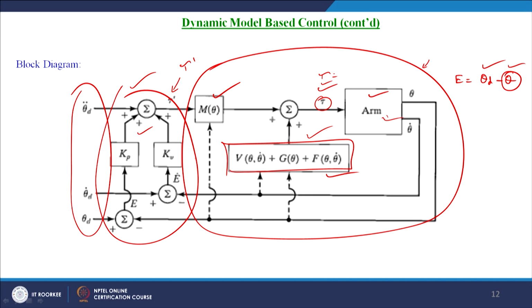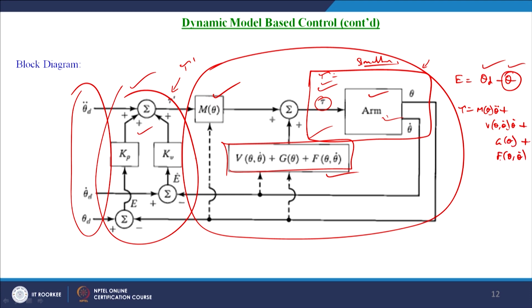That is done by this portion, where the simulation is happening, which is giving the joint torque to the robot arm, and we are getting the joint velocity, that is tau equal to M of theta, theta double dot plus V of theta comma theta dot into theta dot plus G of theta plus F of theta comma theta dot.